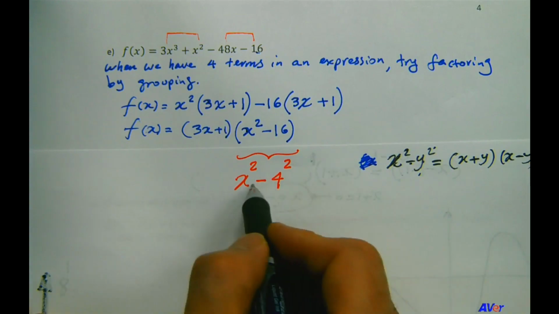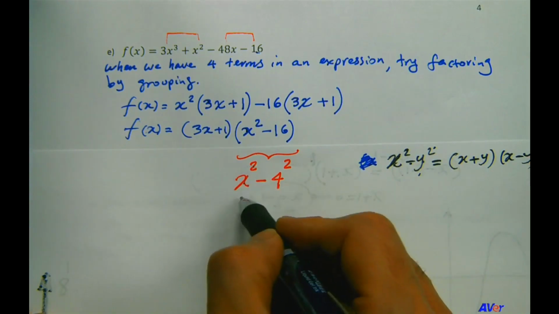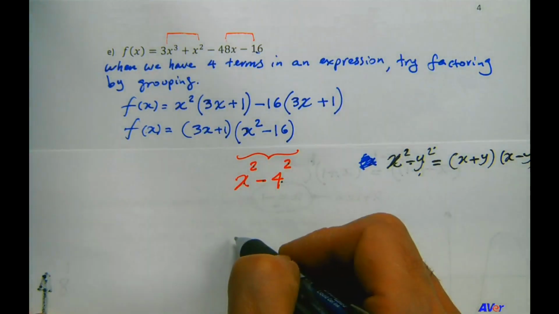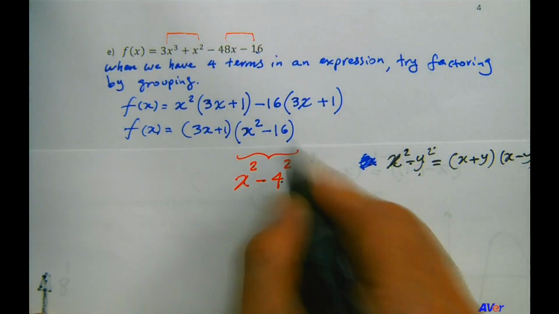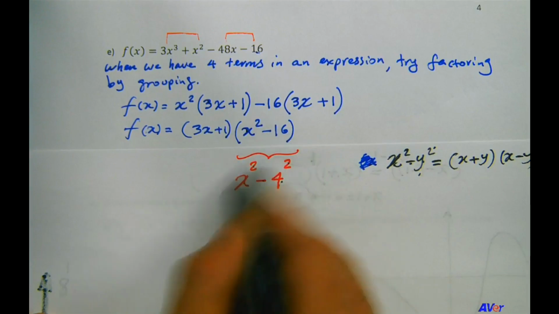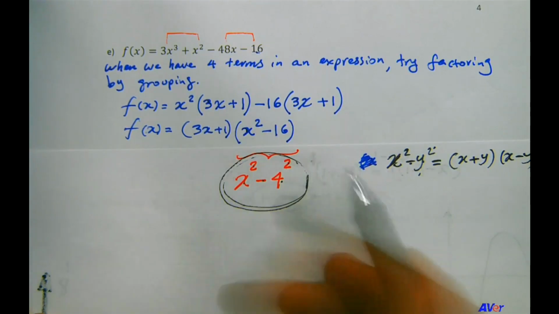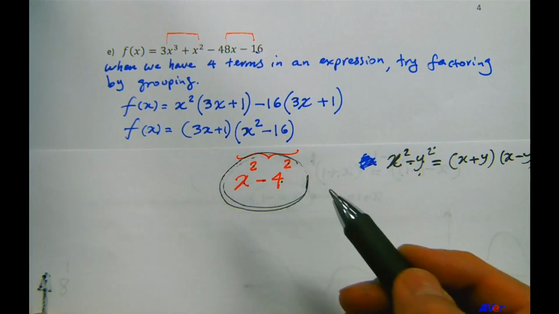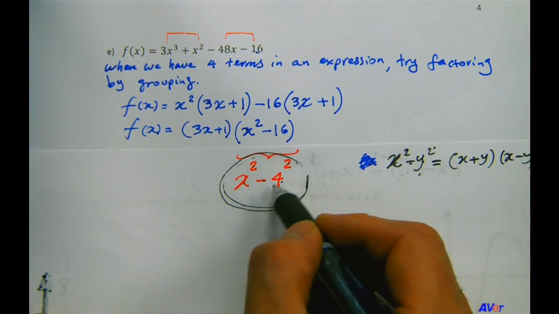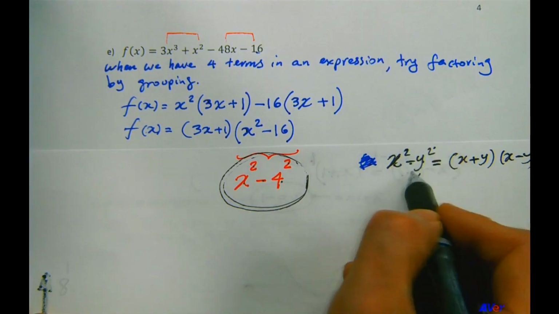That's the case we have here. We have a perfect square minus another perfect square. So we can rewrite that in this form. Visually it looks different, but it's the same thing. But I rewrote it this way so you can see, in fact, we have this case.